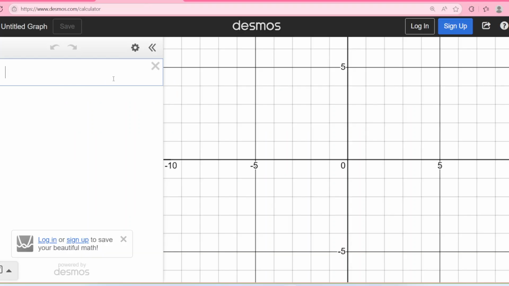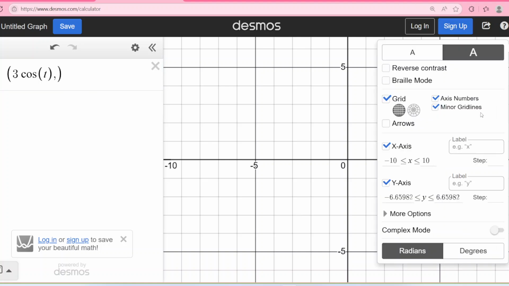I think I've shown this before, but in Desmos you're on the two-dimensional XY plane. If you want to enter parametric equations, you can enter them as ordered pairs. So left parenthesis, then your first equation with t, 3 cosine t, and I made sure I'm in radian mode as well.